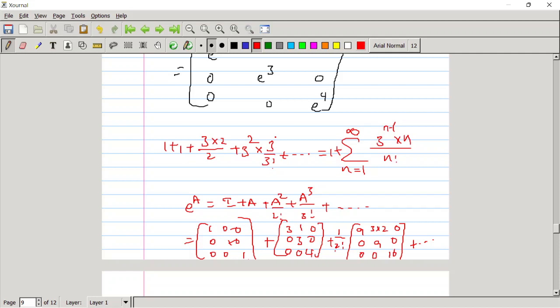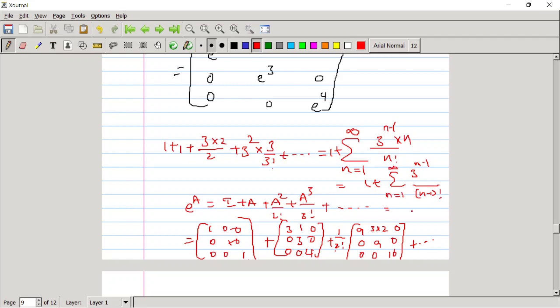So from this summation, if you observe, what is this? This is 1 plus summation, let me write in the next line. This is equal to 1 plus summation 3 power n minus 1 by n minus 1 factorial, where n is running from 1 to infinity.